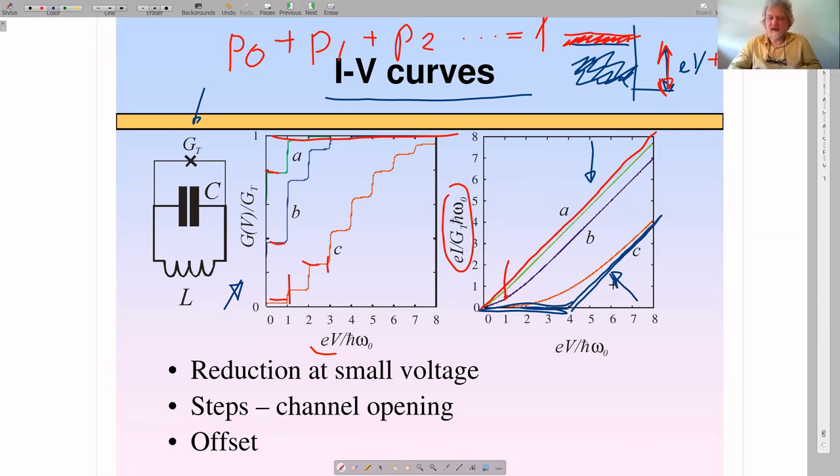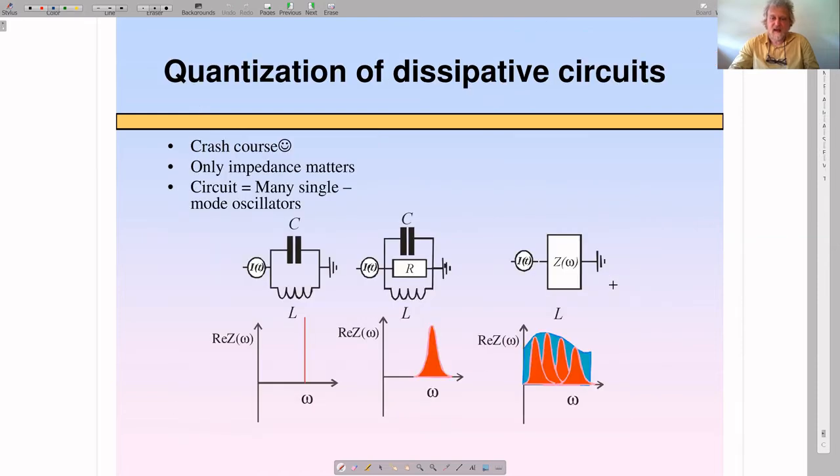All right, that we have understood for an oscillator, and I want to give you a crash course on a subject which is usually considered to be quite advanced. It's about quantization of dissipative systems.